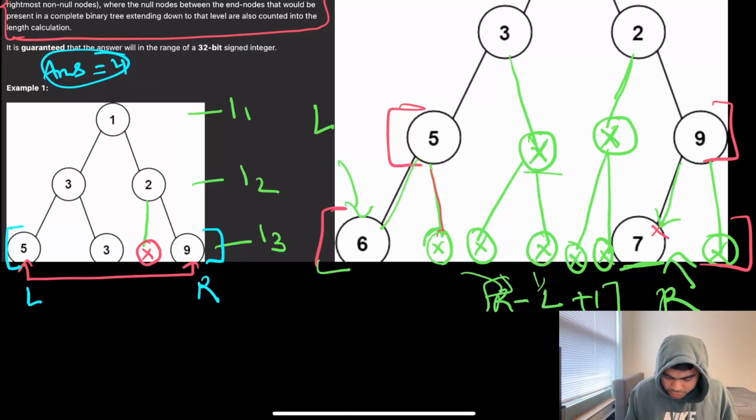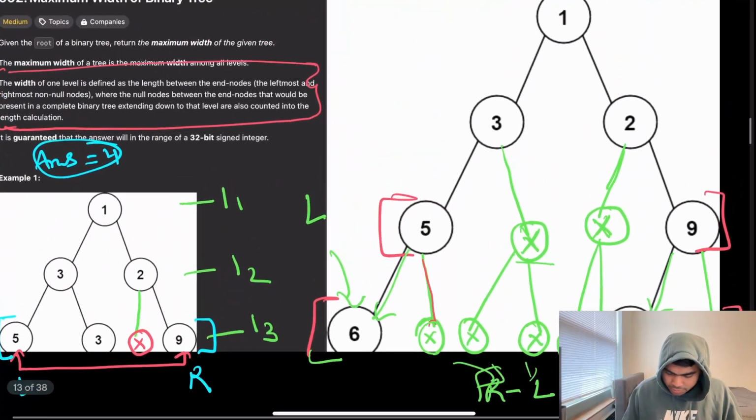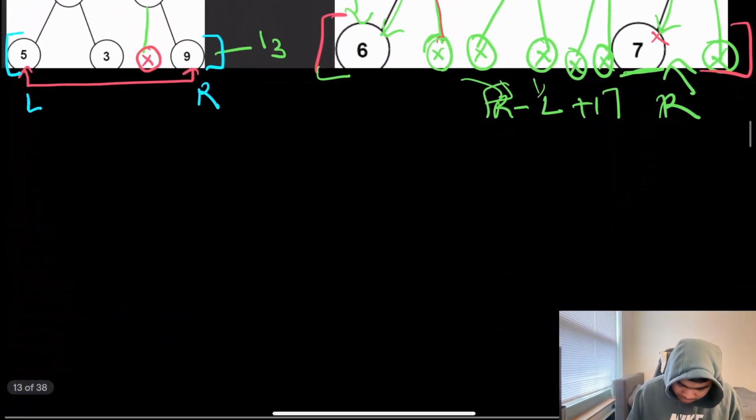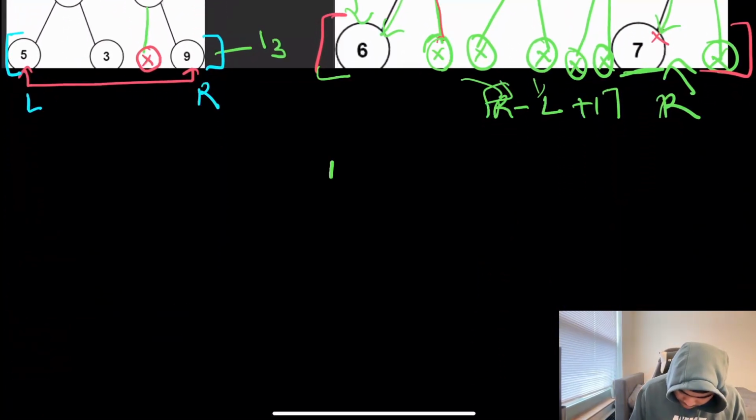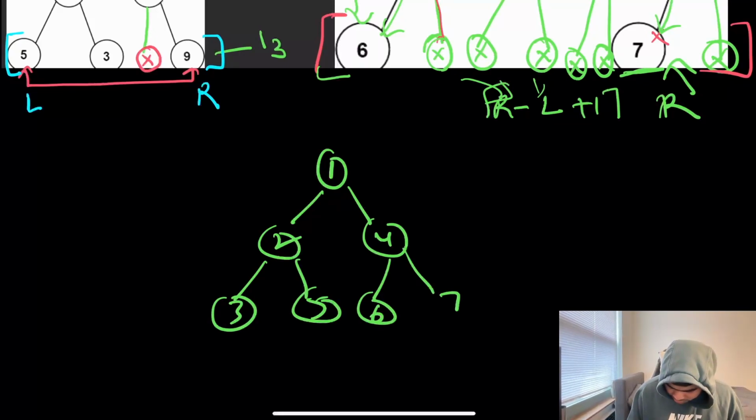However, we have to calculate each node and its index correctly. So if I take an example, let's say this example: 4, 3, 5, 6 and 7.